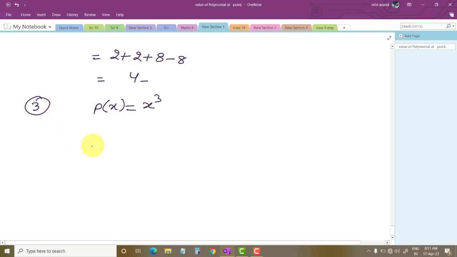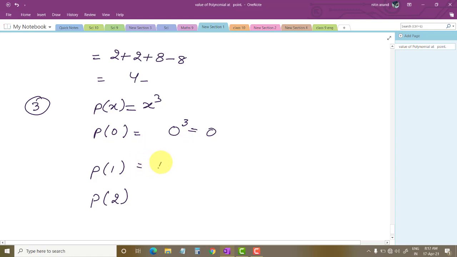Now we have to find their value at P(0), P(1) and P(2). P(0) means we will put 0 in the place of x, so it becomes 0 cube, that means 0.